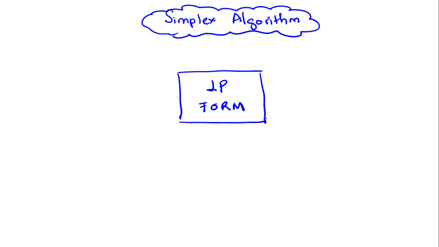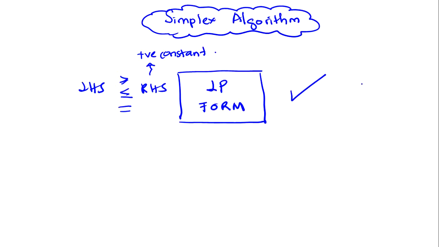For LP form, the left hand side is either greater than or equal to the right hand side, or less than or equal to the right hand side, or equal to the right hand side. And the right hand side must be a positive constant value.